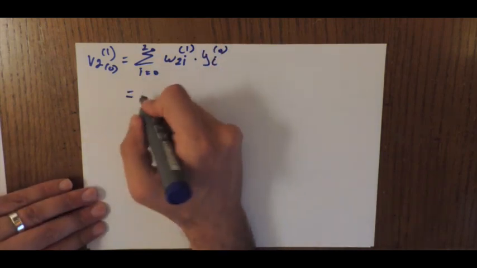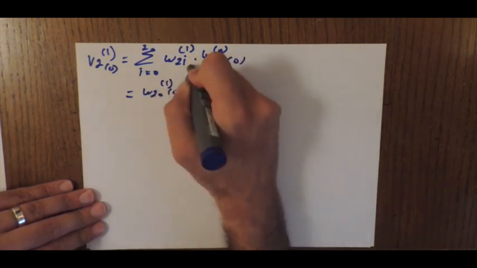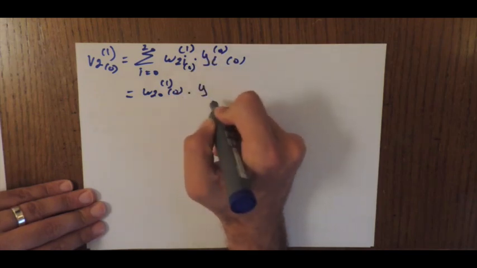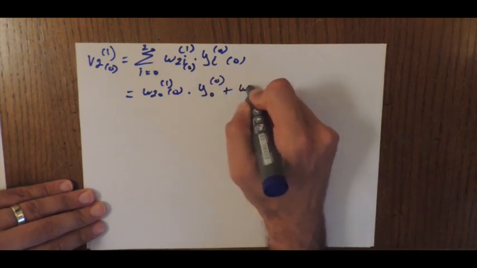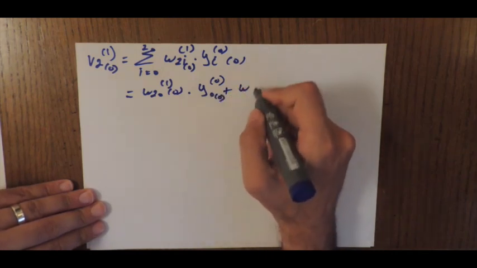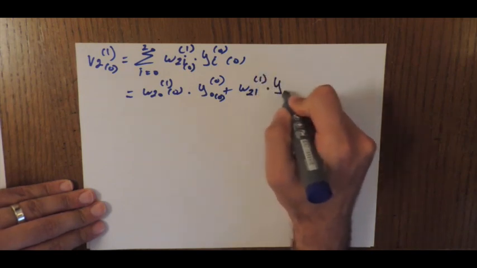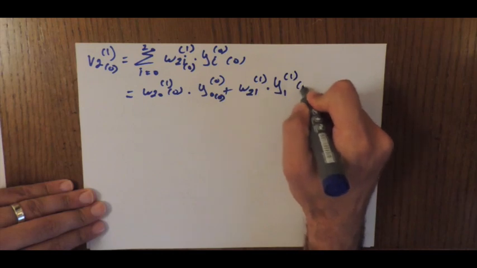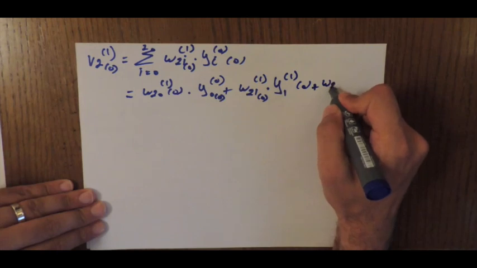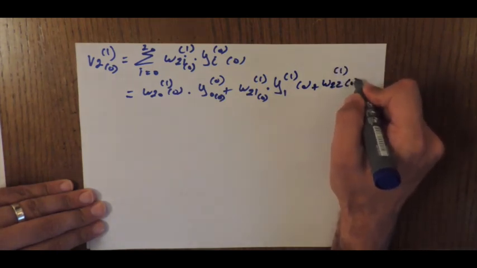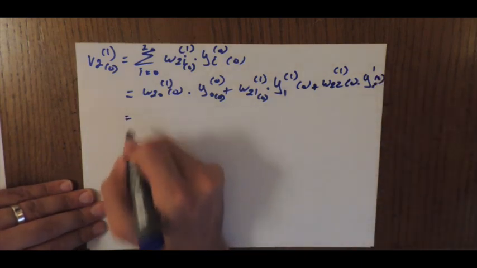We're going to place W2 of 0 of 1, of course of epoch 0, times Y0 of 0, plus, of course of iteration 0, W21 of 1 times Y1 of 1 of iteration 0, plus W22 of 1 times Y1 of 2 of epoch 0.